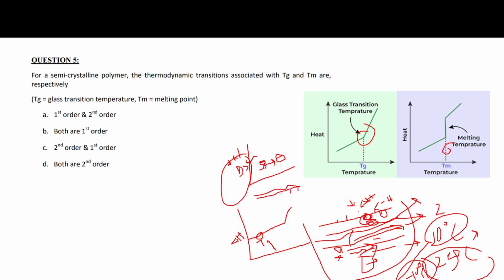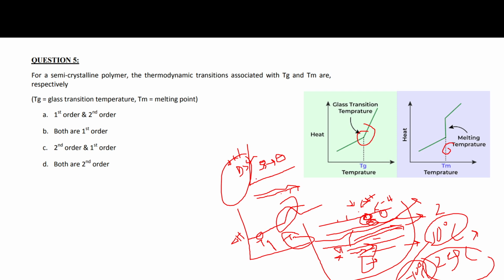And where there is a permanent shift, we call that the Tm temperature, the melting temperature. Permanently we get some curve there, so we call this the melting temperature. From this DSC experiment we can measure the Tg and Tm of your polymer sample.